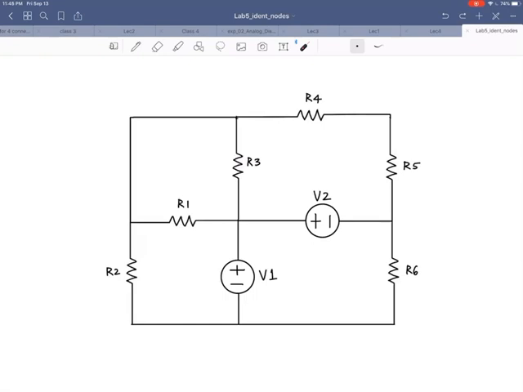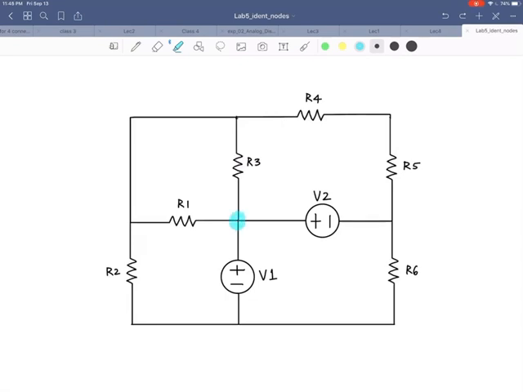The first node, or the point of intersection, that is the most obvious here, is right in the middle of the circuit, where both the voltage sources and R1 and R3 meet.